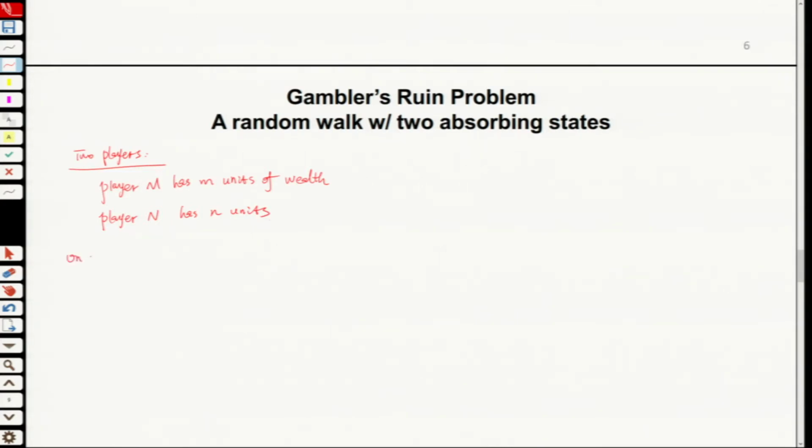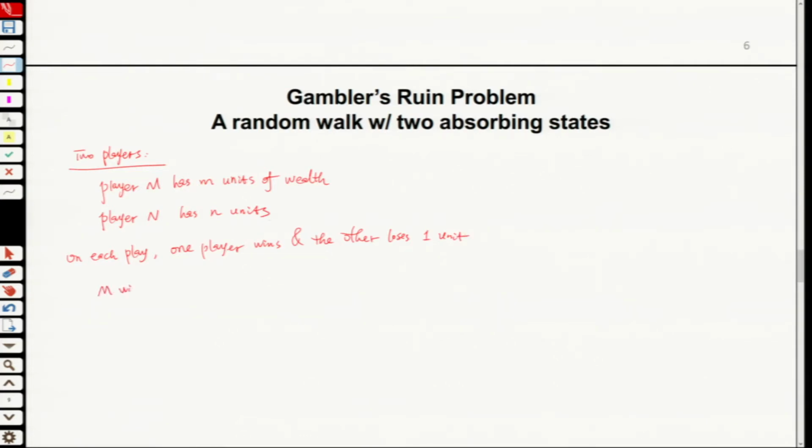So on each play, one player wins and the other loses 1 unit.